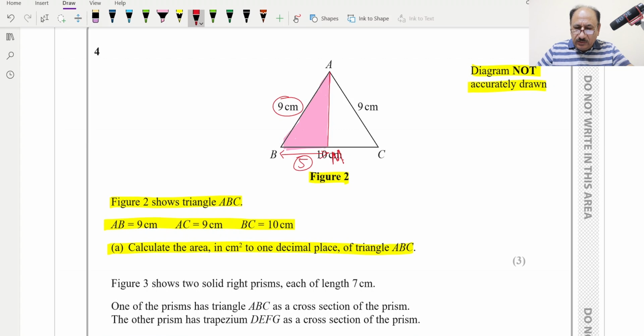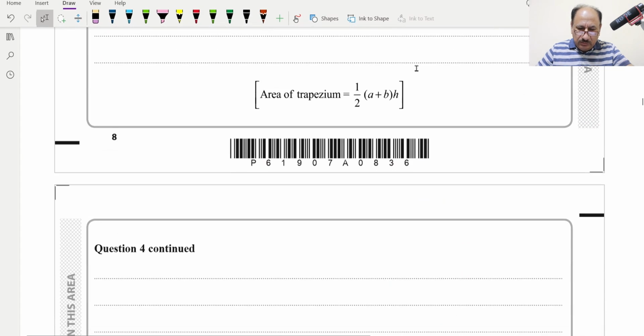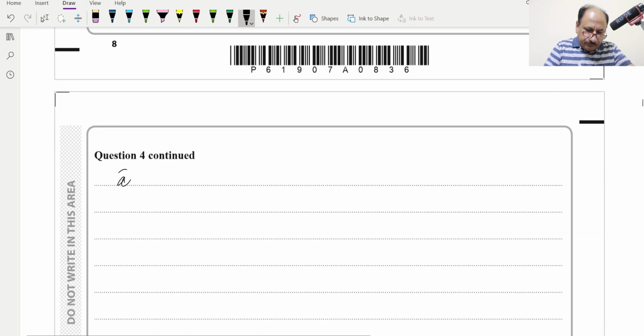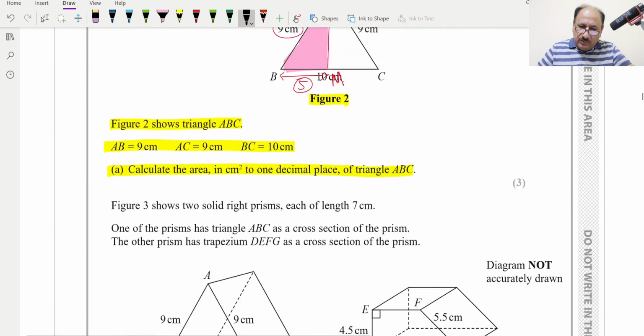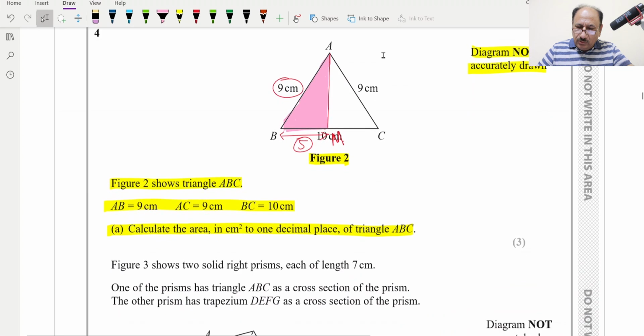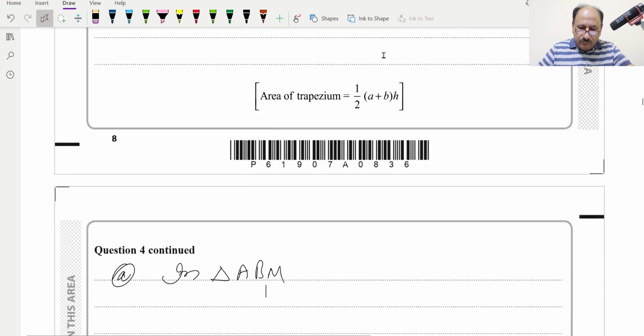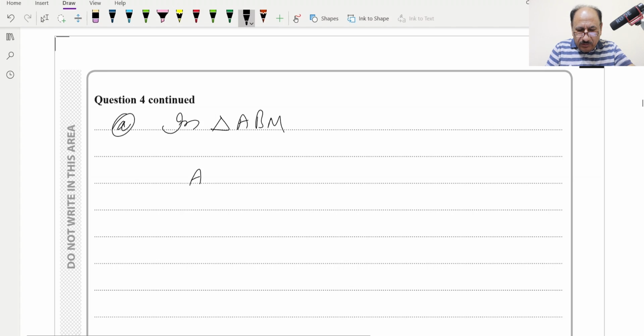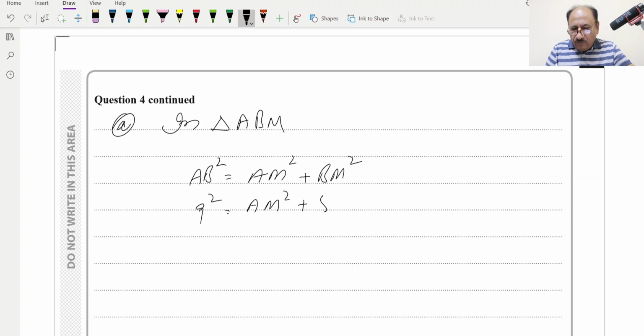So in triangle ABM, the Pythagoras theorem will be AB squared is equal to AM squared plus BM squared. AB we have, which is 9, so 9 squared is equal to AM squared plus 5 squared.